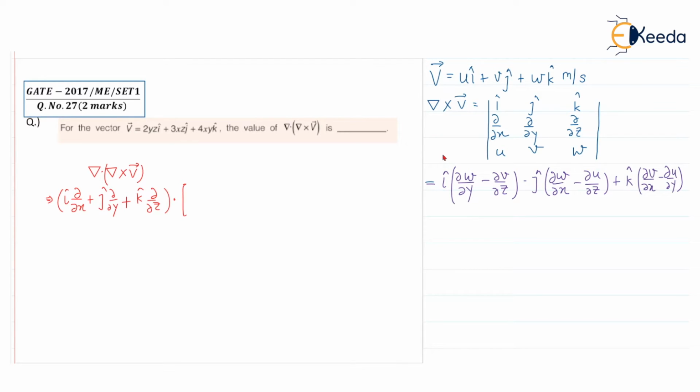We have already found del cross v, so we write the complete equation here: i into dou w by dou y minus dou v by dou z, minus j cap into dou w by dou x minus dou u by dou z, plus k cap, the last term, dou v by dou x minus dou u by dou y.